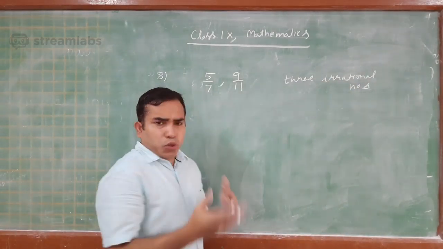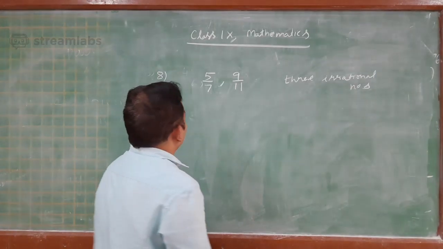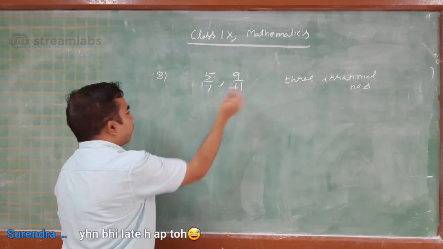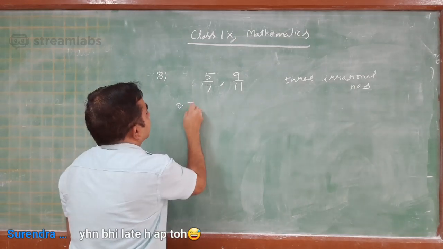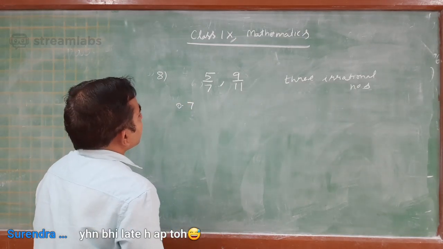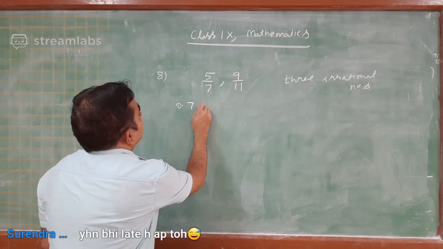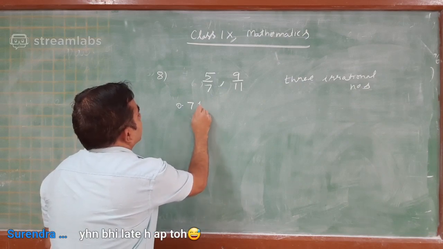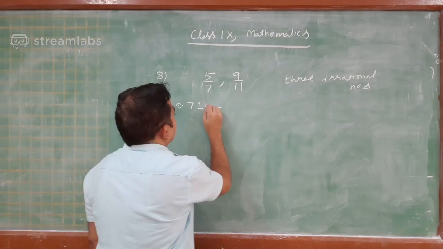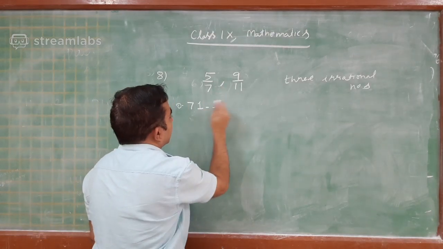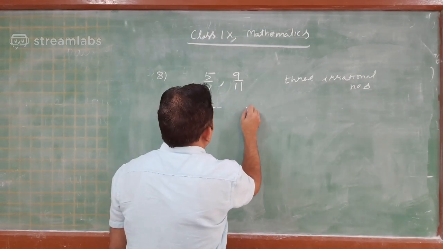So I think it's good if we convert them into decimal form. So 5 upon 7, not fully, but some digits. 7 sevens are 49, 1, 10 upon 7 means 7 ones. Some more digits will come.